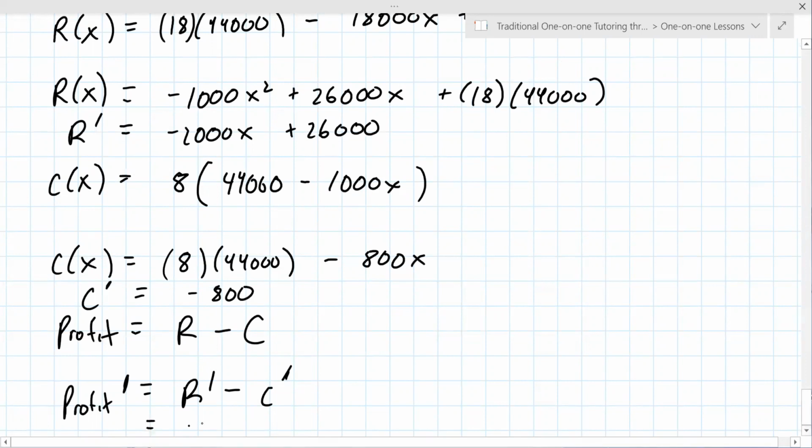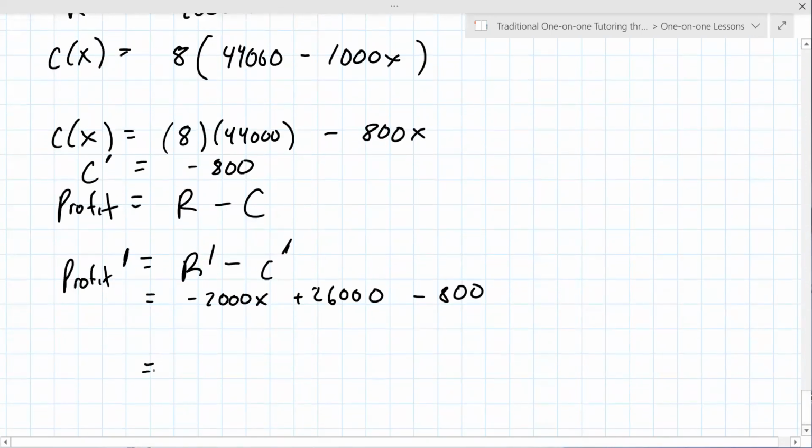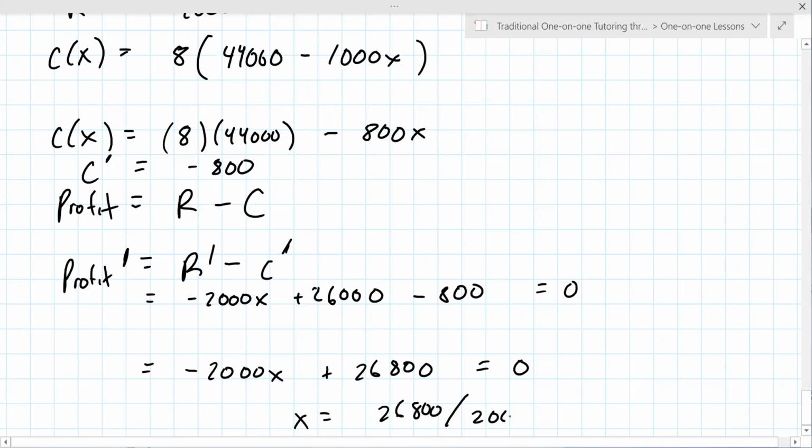So the profit is minus 2,000 X plus 26,000 minus 800. So you set that equal to 0 and you get minus 2,000 X plus 26,800 equals 0. X equals 26,800 divided by 2,000, whatever that is.